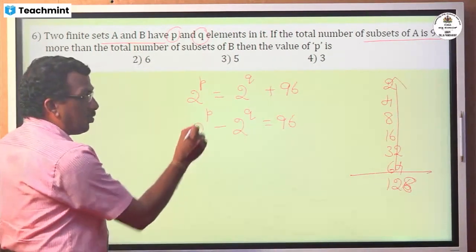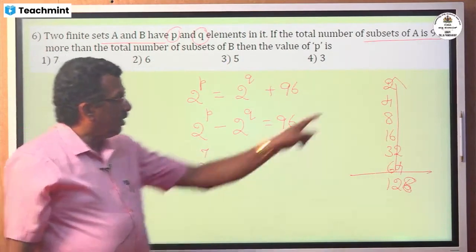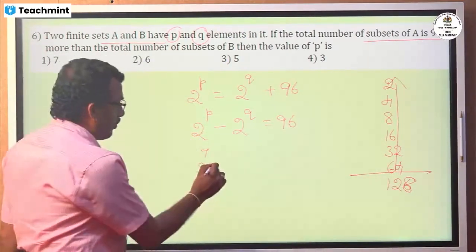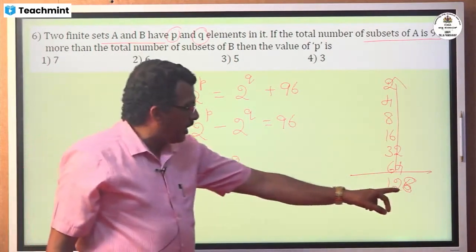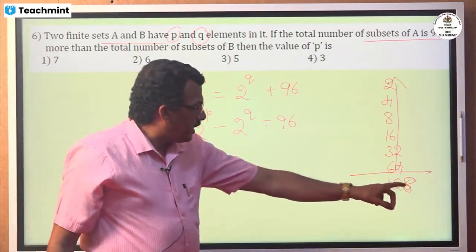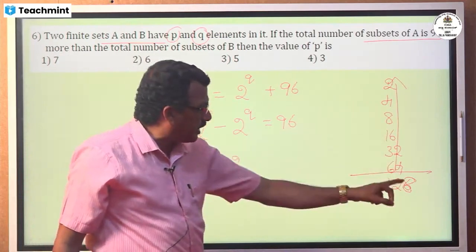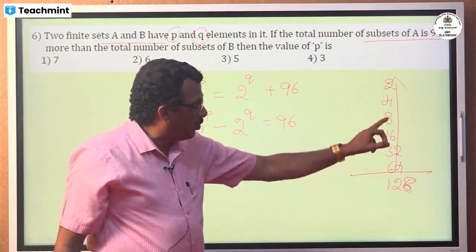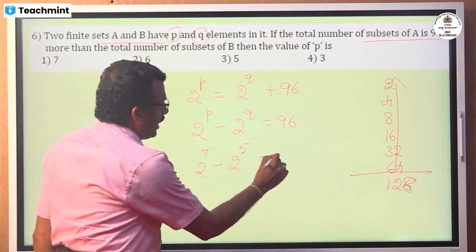So 2 to the power of P is nothing but 2 to the power 7. 1, 2, 3, 4, 5, 6, 7. 2 to the power 7 minus 2 to the power what? 128 ಇದೆ. 8 ನಿಂದ ಇವುಗಳಲ್ಲಿ ಯಾವುದನ್ನ ಸಬ್ಟ್ರಾಕ್ಟ್ ಮಾಡಿದಾಗ ಯೂನಿಟ್ ಪ್ಲೇಸ್ ಅಲ್ಲಿ 6 ಬರುತ್ತೆ ಅಂತ ನೋಡಿದ್ರೆ it is 32. 1, 2, 3, 4, 5. 2 to the power of 5 equal to 96.